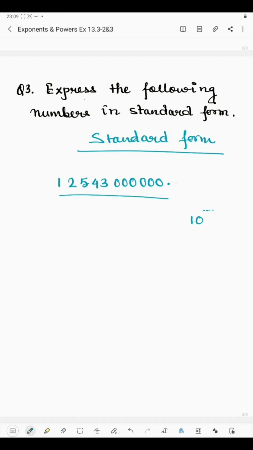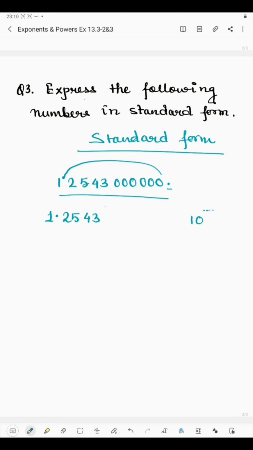Okay. Now while writing in standard form, we will just shift this decimal, and to write in standard form, the decimal should be shifted after one place. That means before the decimal we will keep only one digit. Now 1, then we have the decimal, and after the decimal whatever digits we have other than 0 we will put, which is 1.2543.